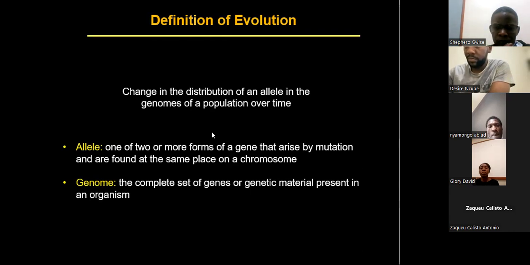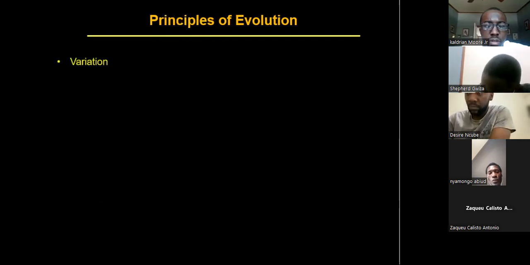There are 3 main steps to evolution, or 3 main parts to it, or principles, if you will. The first one is variation. The idea is you have some sort of population of organisms, whether it's humans or bacteria or bunnies. You've got a large population, and within that population, there's some amount of variation.